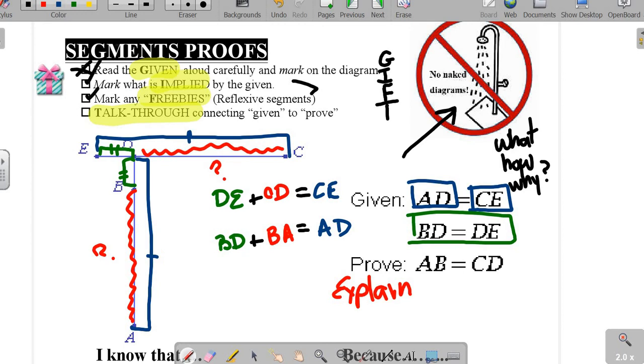So I want you to just pause for a second and ask yourself this. If the longer blue segments are equal and the shorter green segments are equal, how do you know the red are equal? Take about 10 seconds and talk yourself through that. Go.